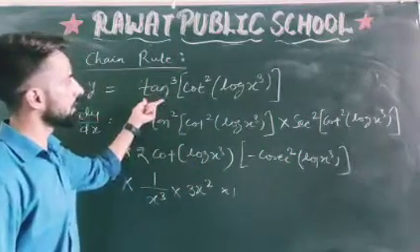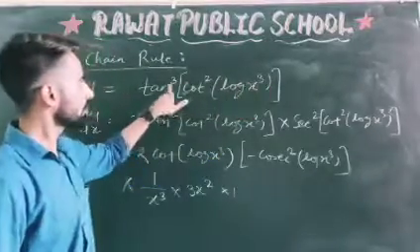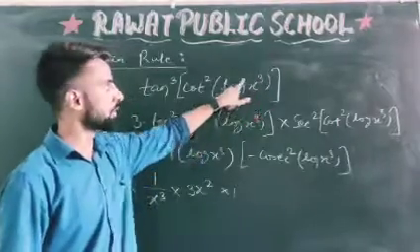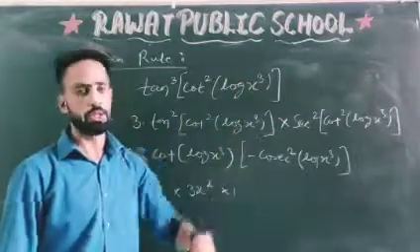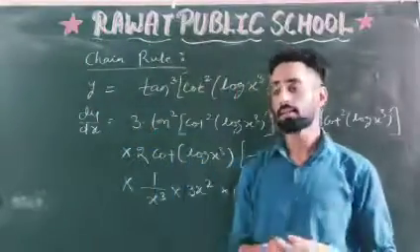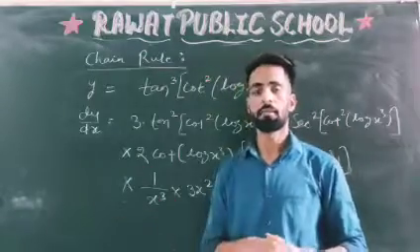Start right from the beginning and differentiate up to the last function. Here log has no power, no whole power on log, so skip that step. So this is all about the chain rule, and this is how we can differentiate any function given to us following these steps mentioned in the chain rule.